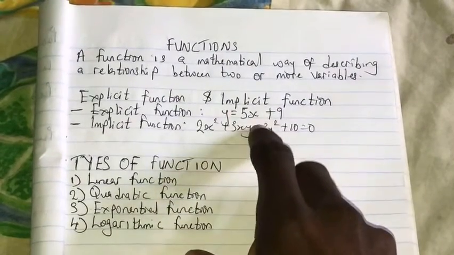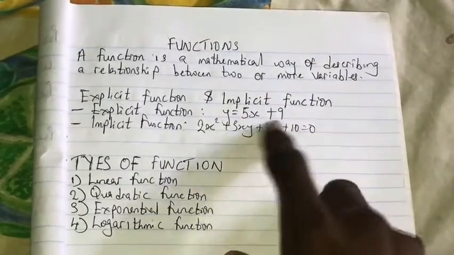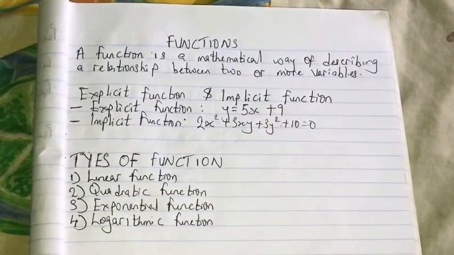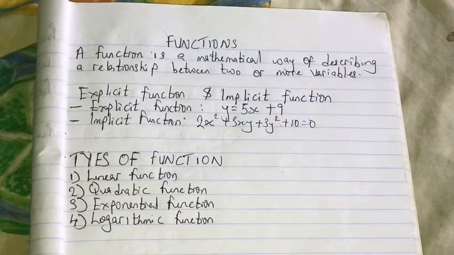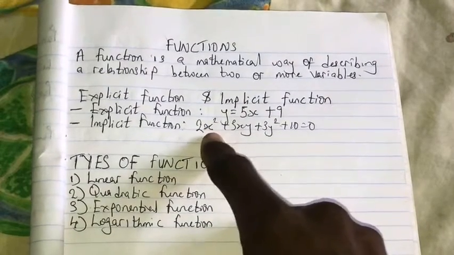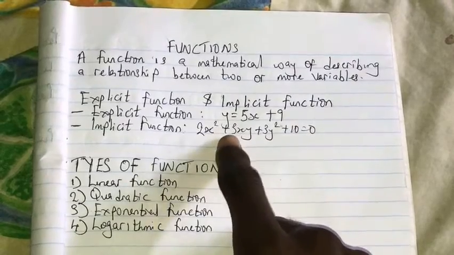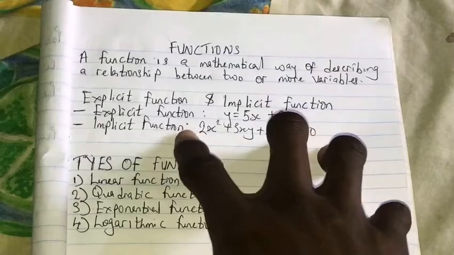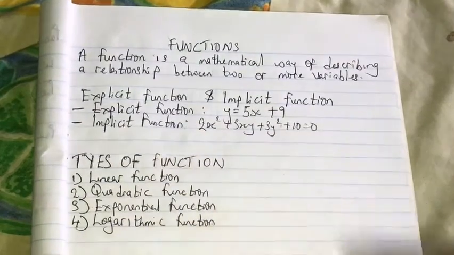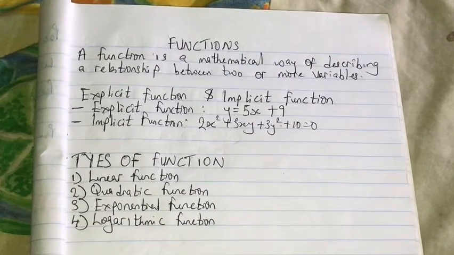An implicit function is a function where the relationship between the variables is expressed as an equation involving all of the variables, that is x and y. For example, 2x² + 3xy + 3y + 10. This is an implicit function.